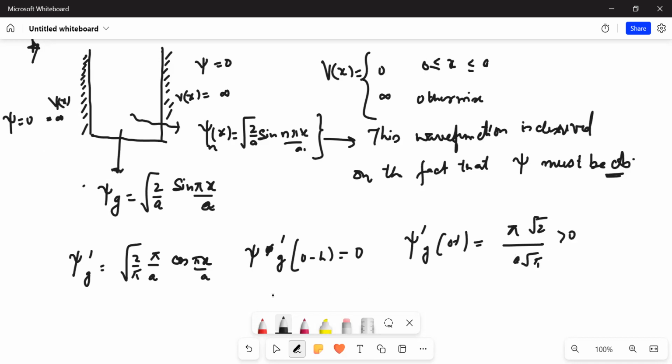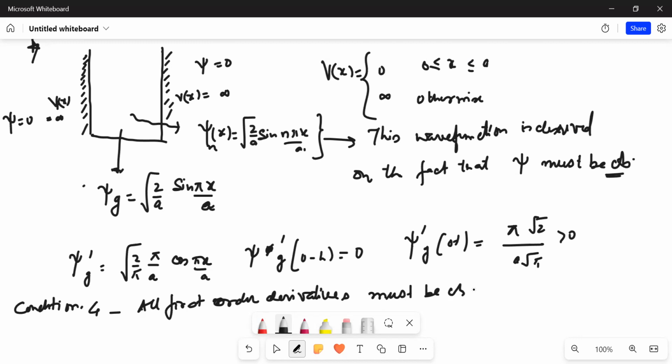Clearly it is greater than 0. So clearly this is violating condition number 4, that is, all the first order derivatives must be continuous. Clearly this is violated.